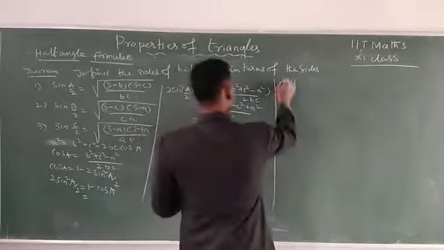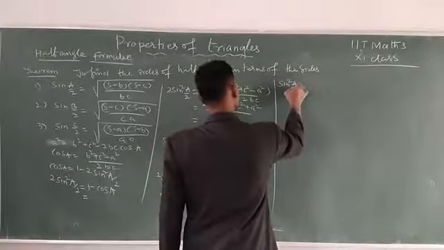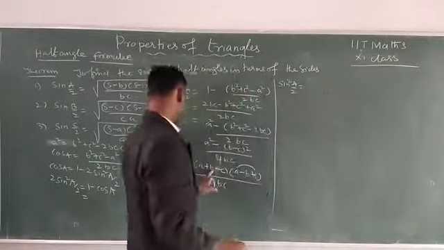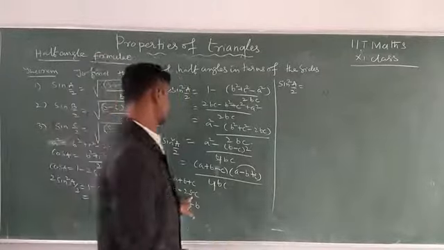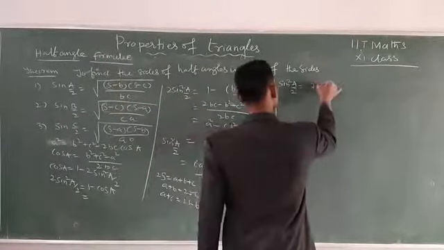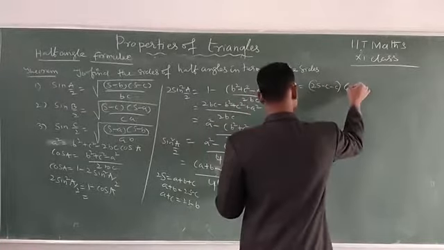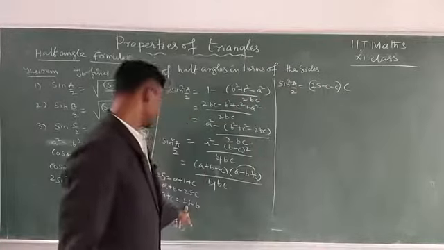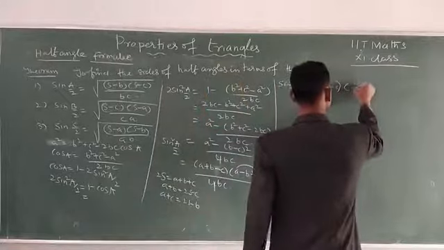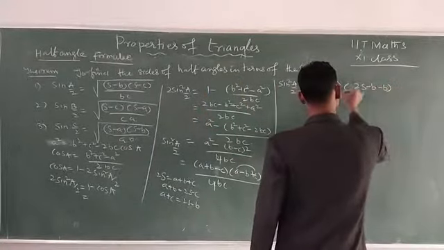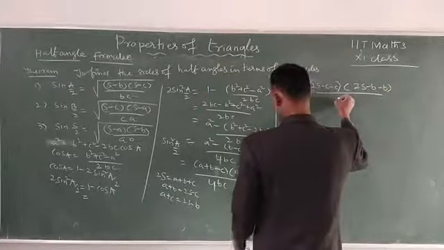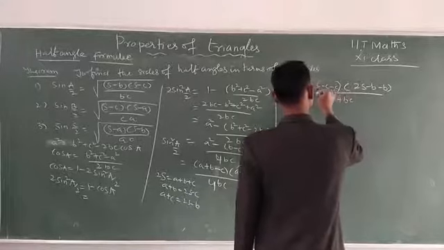Now sin square A by 2 is equal to (a plus b) instead of you can write 2s minus c, into (a plus c) instead of you can write 2s minus b, upon 4bc.